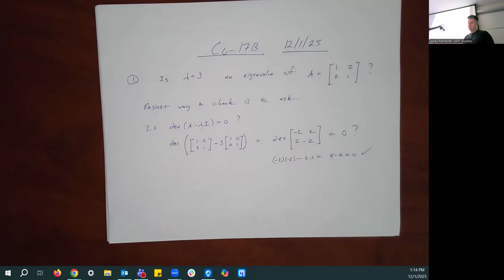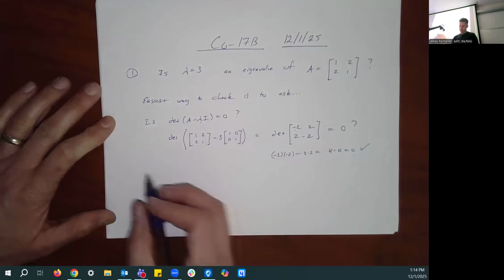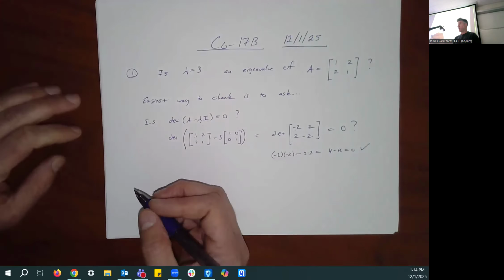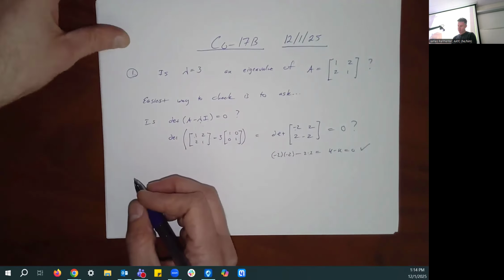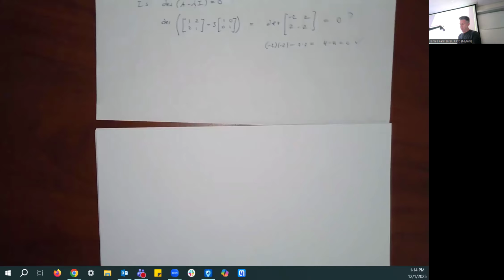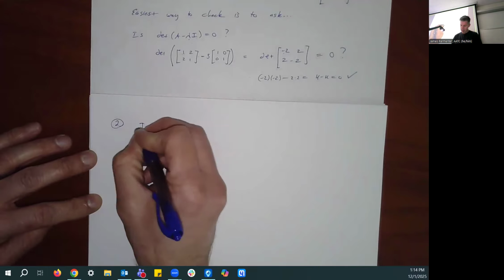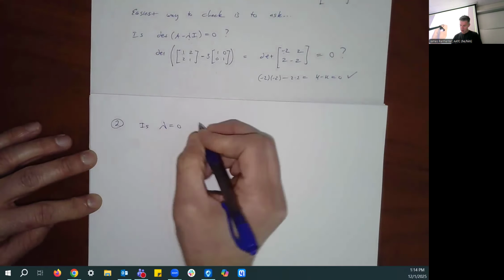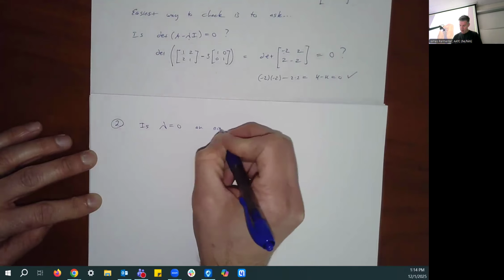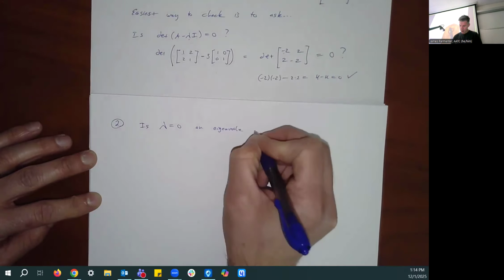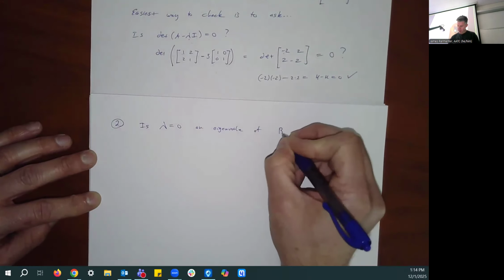You might say, well, okay, that seems not too terrible for this, but it gets to be a little bit more interesting if we have larger matrices. We could ask the next question in a similar sort of way. Is lambda equal to 0 an eigenvalue of this matrix?